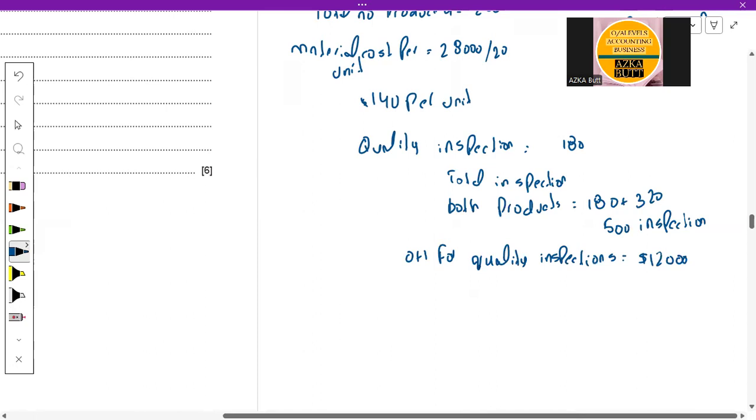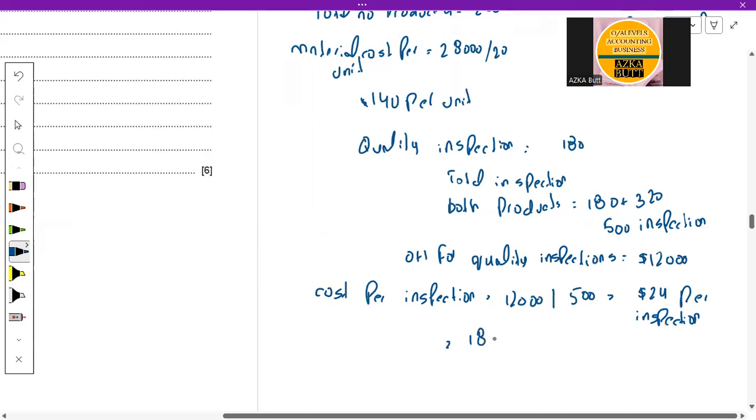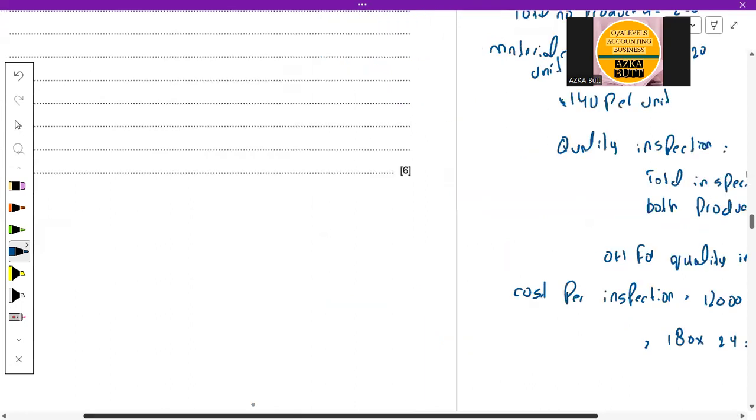And cost per inspection is equal to $12,000 divided by 500, which is equal to $24 per inspection. And the quality inspection overhead for product A would be 180 multiplied by 24, which is equal to $4,320. So this is the quality inspection overhead.